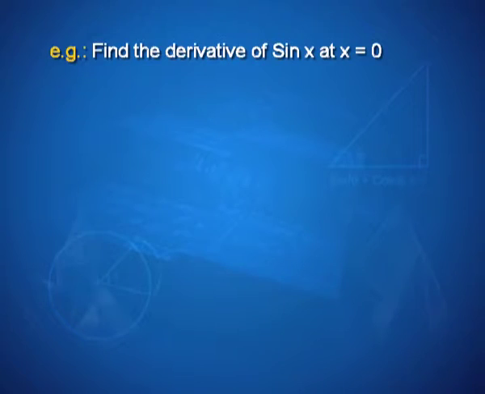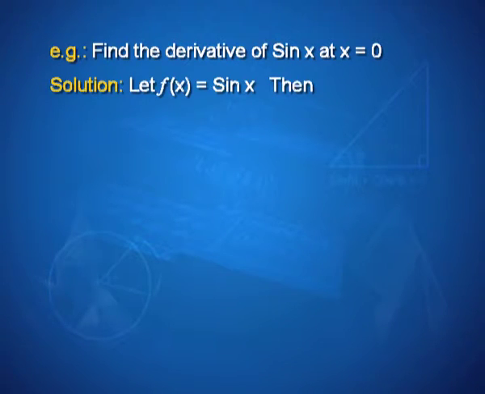Here is an important remark for you. At this stage, please note that evaluating the derivative at a point involves effective use of various rules that limits are subjected to. The following example illustrates this. Find the derivative of sin x at x = 0.